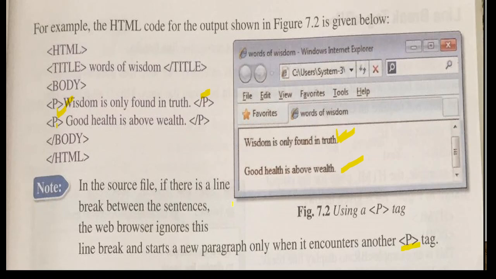So the break tag will be ignored if you use the paragraph tag, because a break tag will send the next line of text into a new line. So HTML will ignore this break tag.